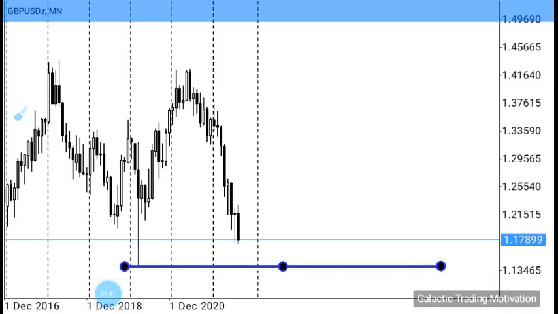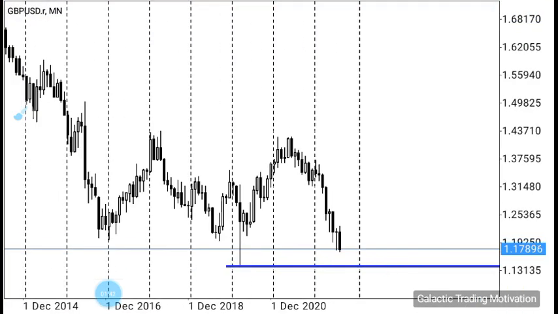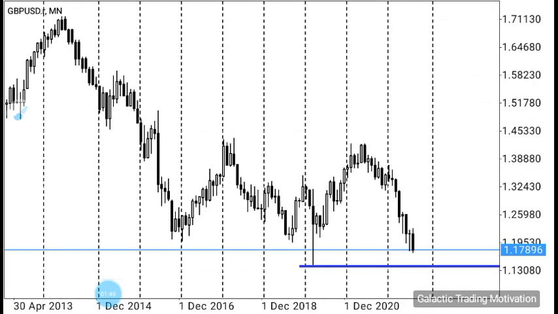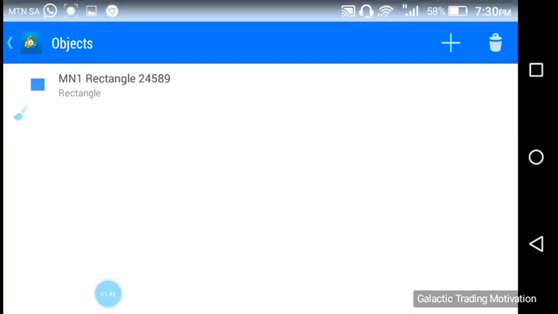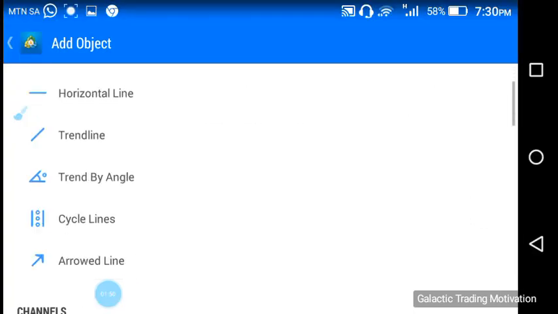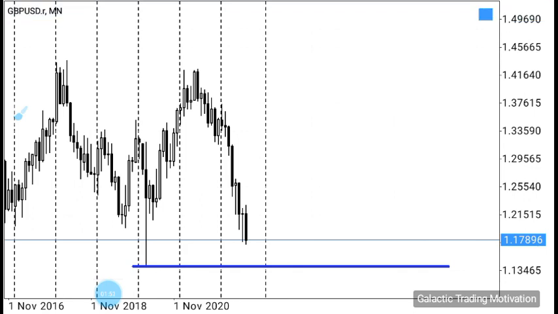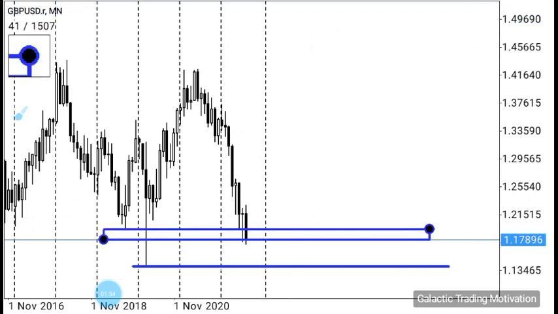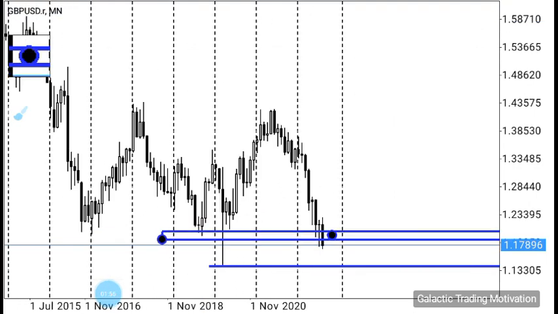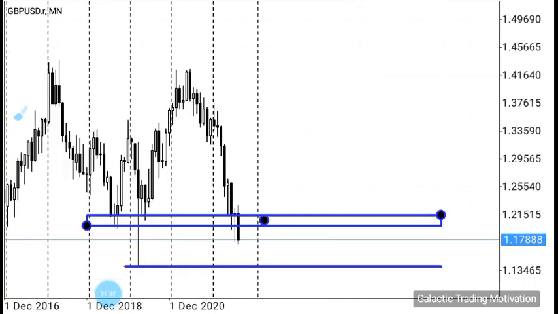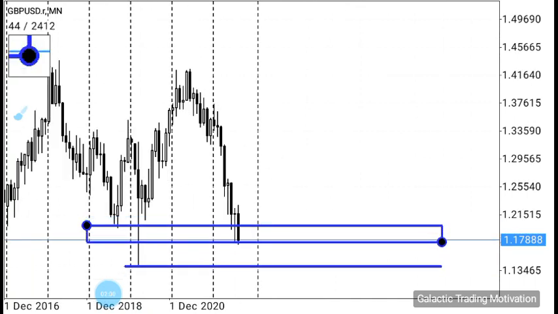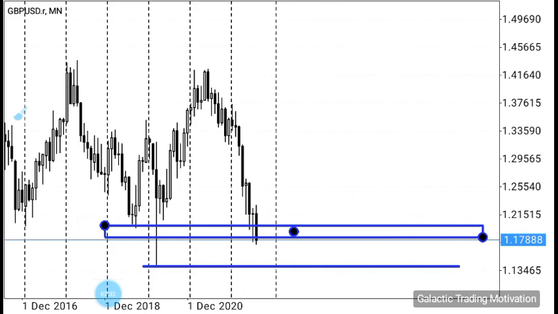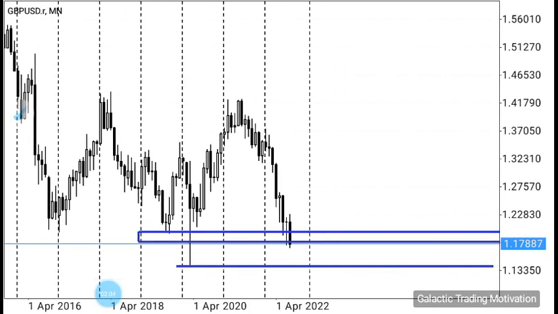There we go. I'm also going to add a neckline to that M structure. There goes our neckline, more or less, right?